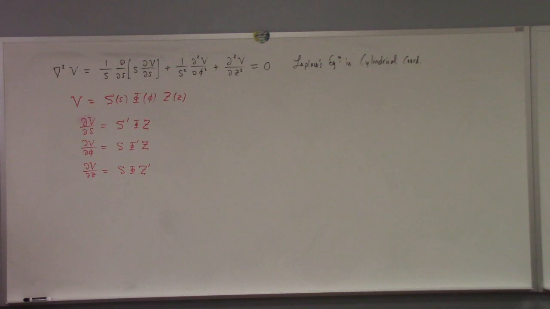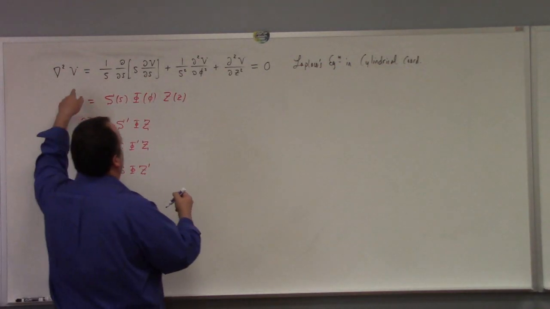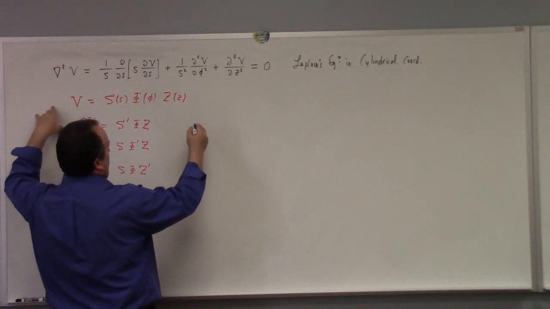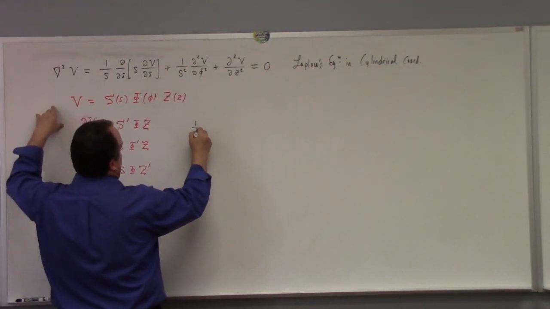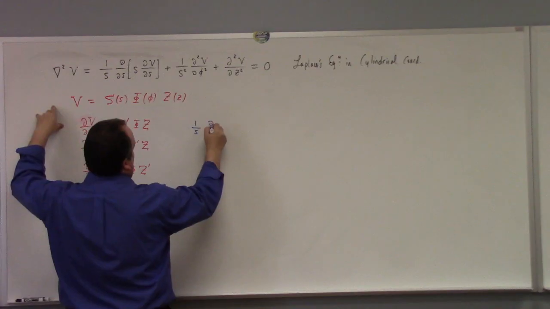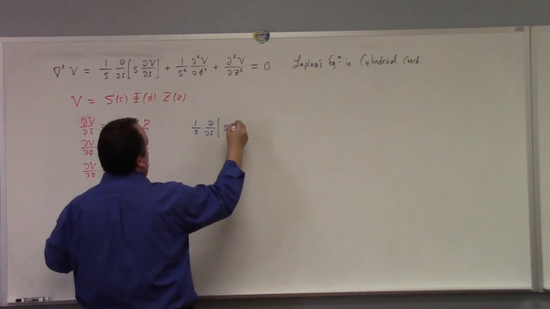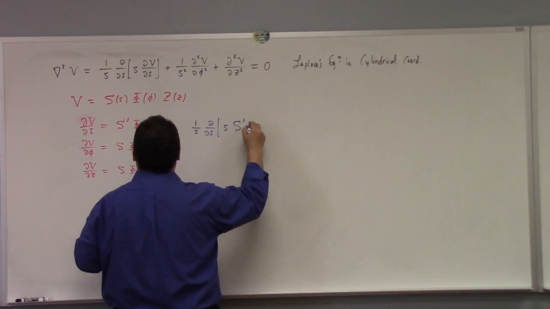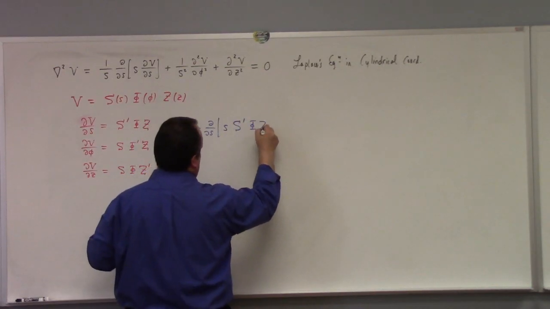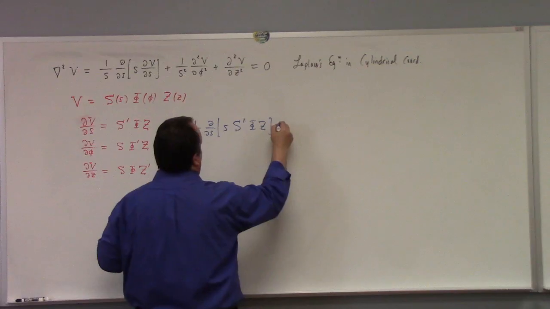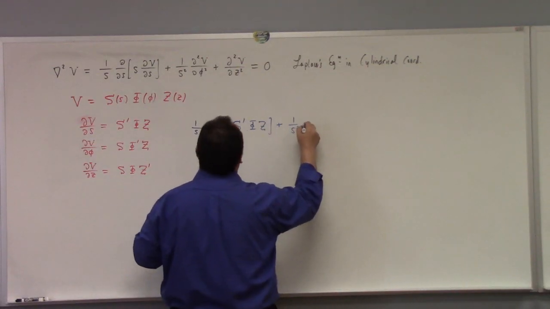And so if you plug that in to the differential equation, what happens for us? Plug that in up here. We've got 1 over s, partial s of s S prime, Phi Z, plus 1 over s squared.